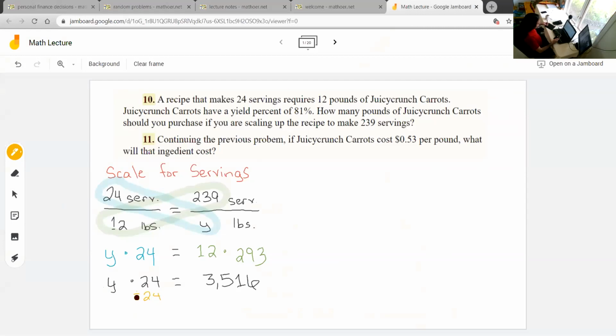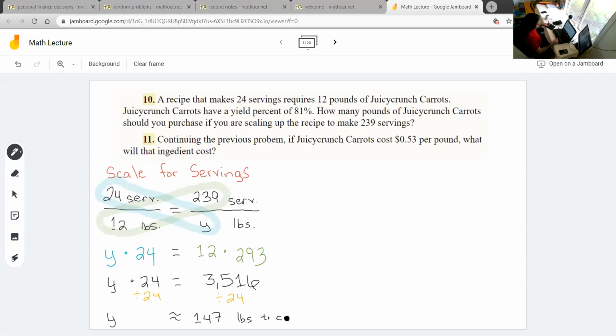To get y by itself, the opposite of times 24 is divided by 24. And we get about 147 servings. Not servings, pounds.